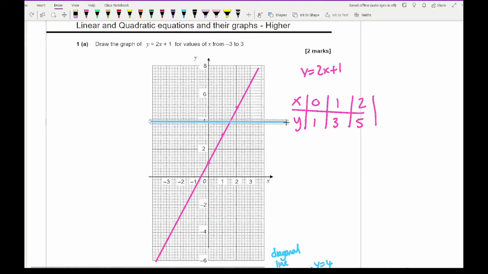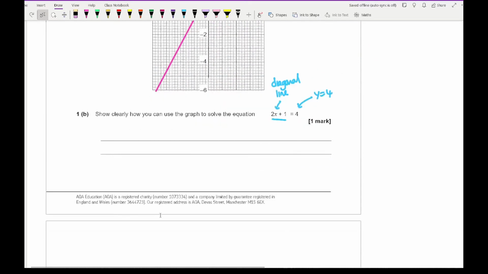And what we're looking for is the value where the two lines intersect. So what we're looking for is this number here, which I would say is roughly around 1.5, at a guess.